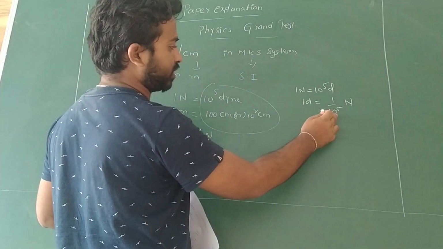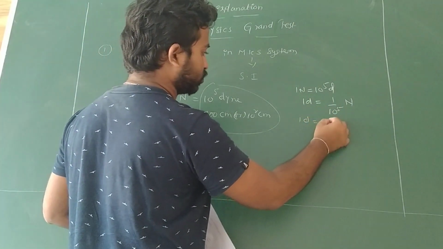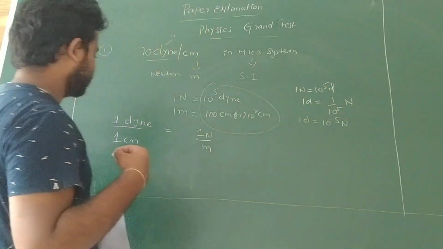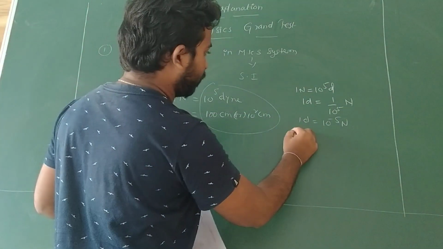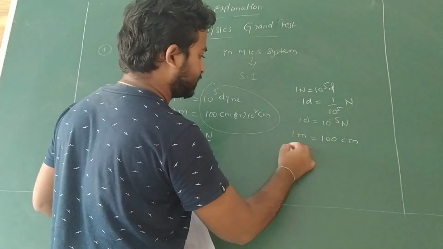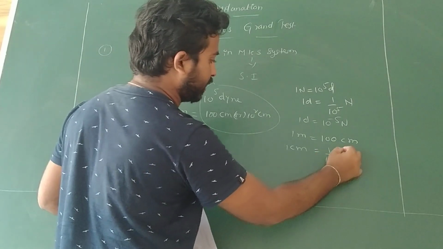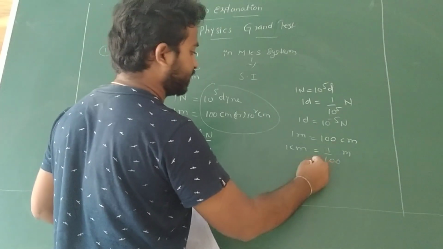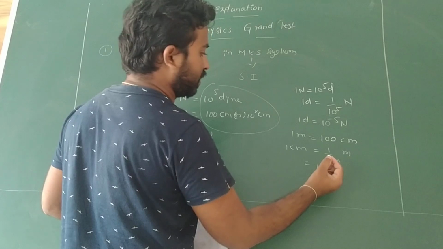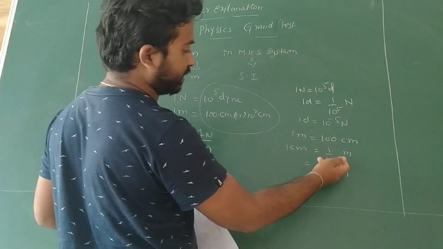So this denominator goes to numerator, means it becomes power minus. Then 1 dyne equal to 10 raised to minus 5 newtons. At the same time 1 meter equal to 100 centimeter. So then 1 centimeter equal to 1 by 100 meter. Again it goes to numerator, means it becomes 10 power minus 2 meter. Why? Because we can write 100 as 10 square also.